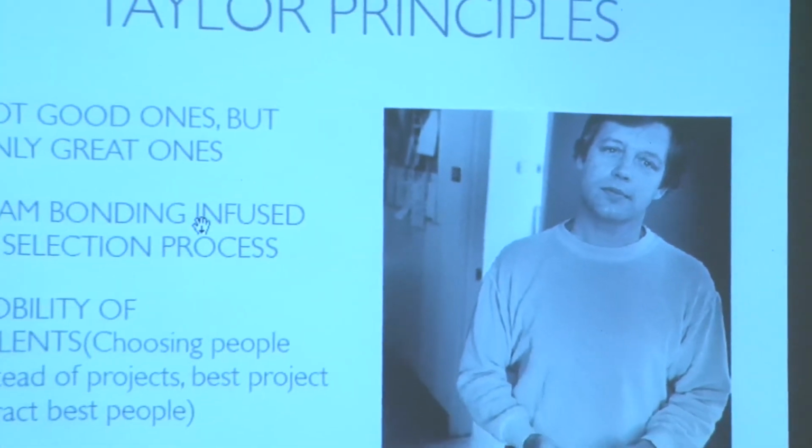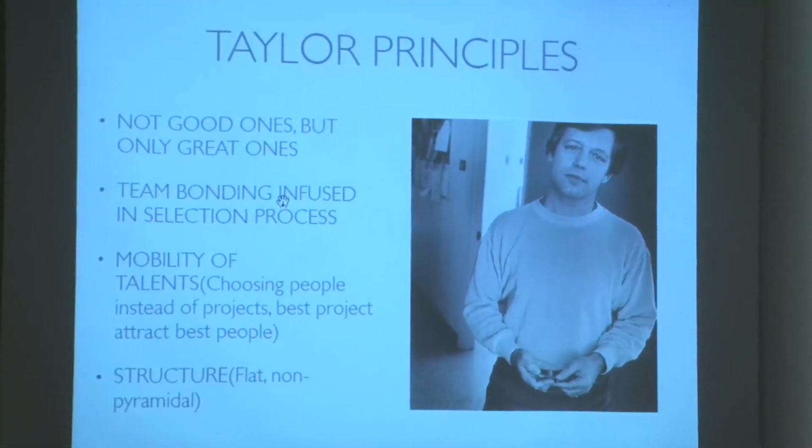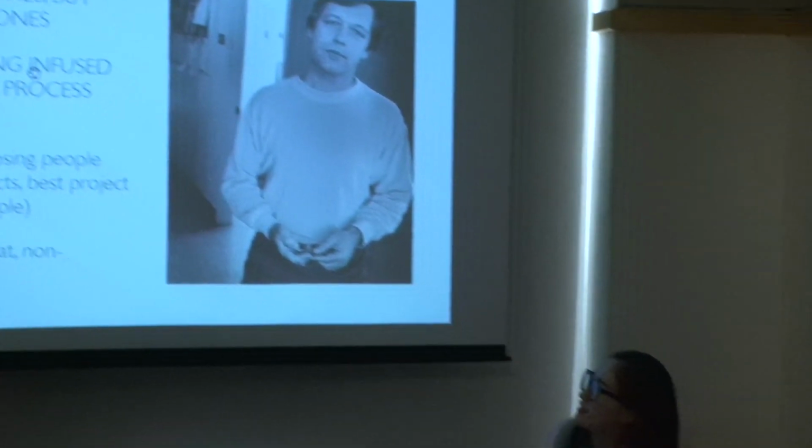Bob Taylor was the real boss of the PARC lab, and the principle that he insisted on is that there are no good scientists, there are only great ones. So he had a very strict selection of scientists and participants. The way that he built team bonding and team spirit is that during the selection, he also required the applicants to present in front of the whole staff.